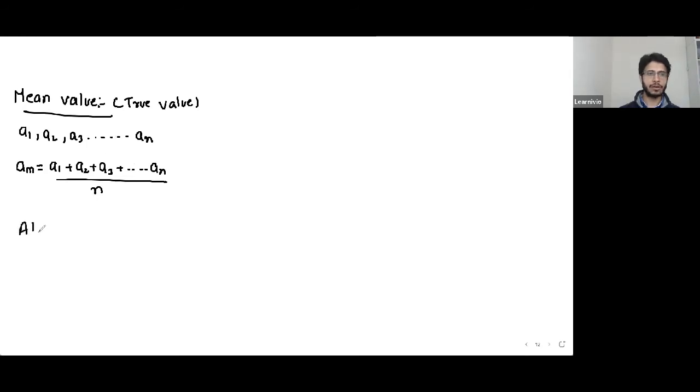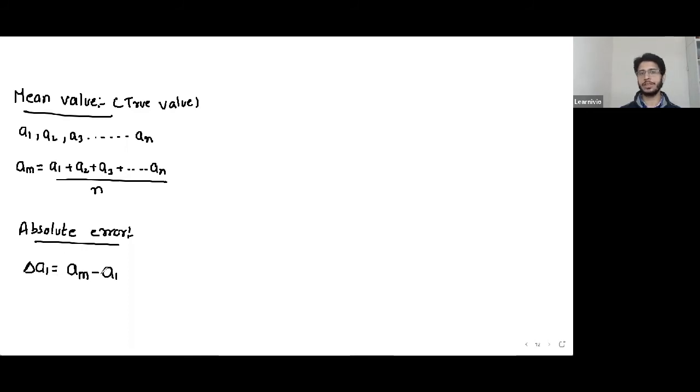After mean value, we will calculate error, basically absolute error. We represent absolute error by delta A1. You can write this as mean value minus individual value. Once you have true value or mean value, you can take the difference of mean value with A1, mean value with A2, mean value with An and all.